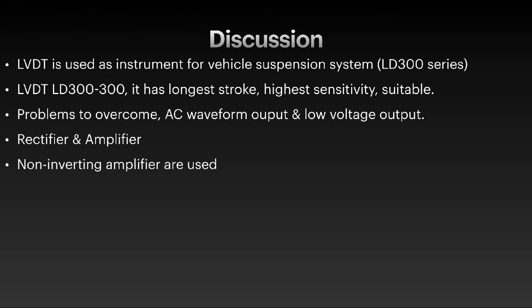As for the results from the LDX3A signal conditioning, it amplifies to DC voltage of 0 to 10 volt after being rectified from 510 millivolts. The non-inverting amplifier produces output signals without any phase inversion, also has a higher impedance value compared to the inverting amplifier, and also has a positive voltage gain.